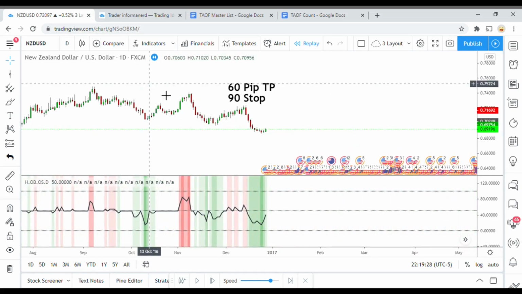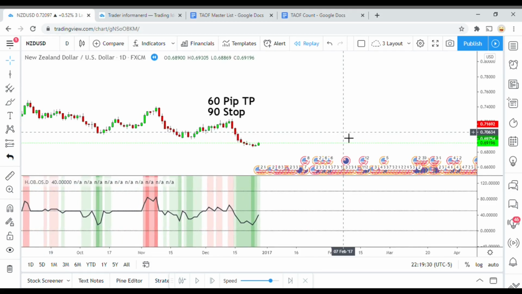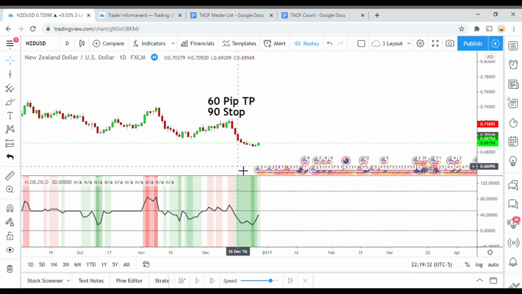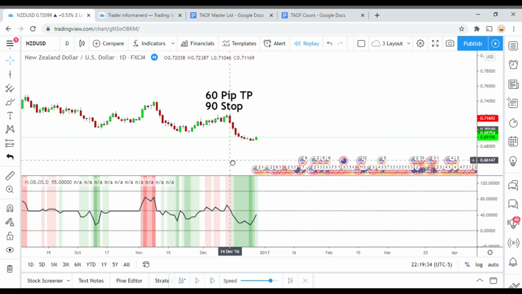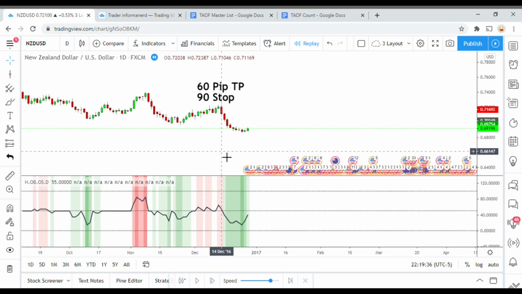And so it's kind of like a heat map to identify areas where multiple indicators are all lining up together in a particular overbought or oversold scenario.